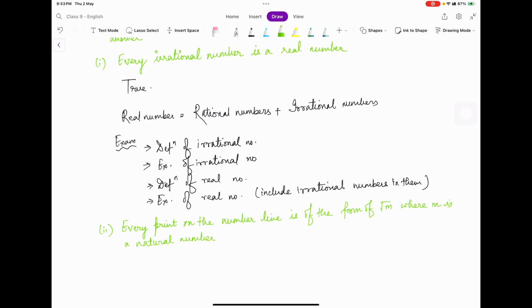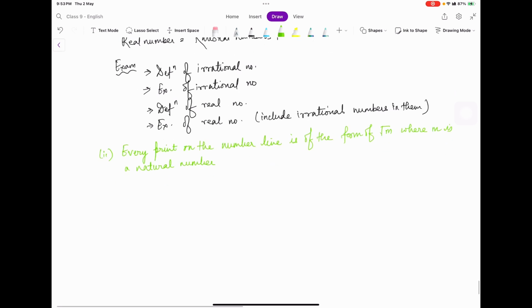Okay. So it is definitely false. Every point on the number line is of the form root m, where m is a natural number.